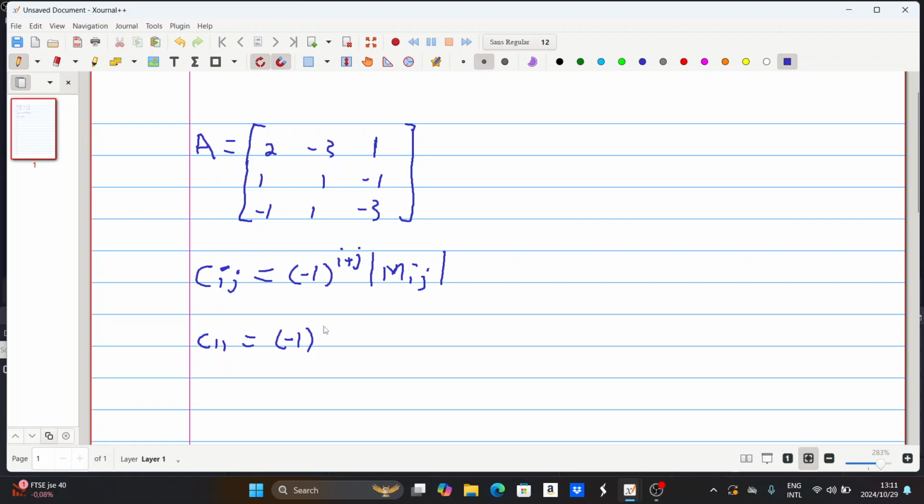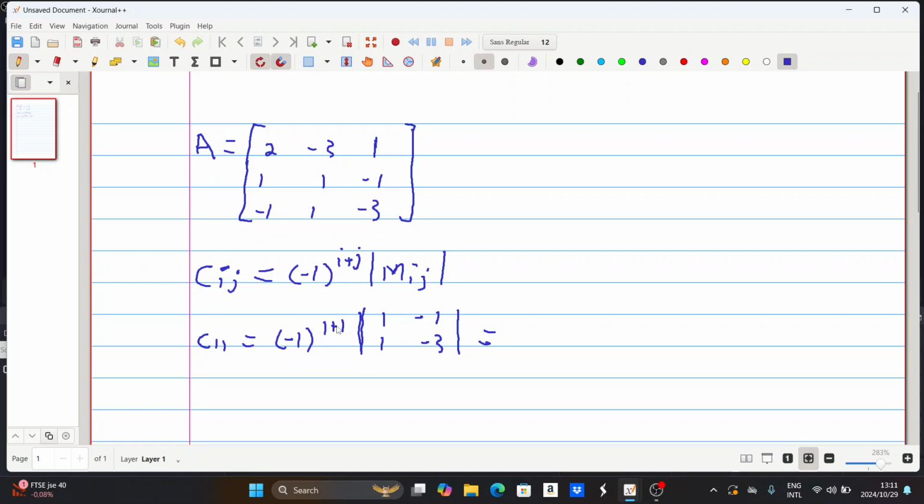So 1 plus 1, the first cofactor of this matrix. Then we're going to close this row and this column, so we have 1, minus 1, 1 and minus 3 for the minor.